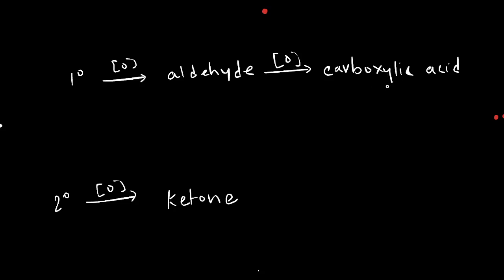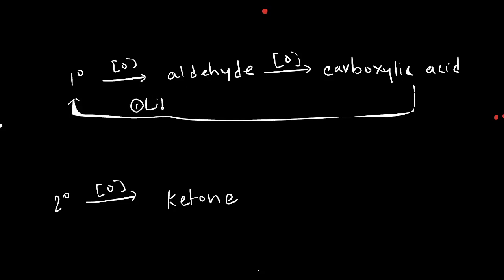In the case of going directly from a carboxylic acid to a primary alcohol, we would have to use lithium aluminum hydride, that very strong reducing agent, and the second step would be reacting with water.